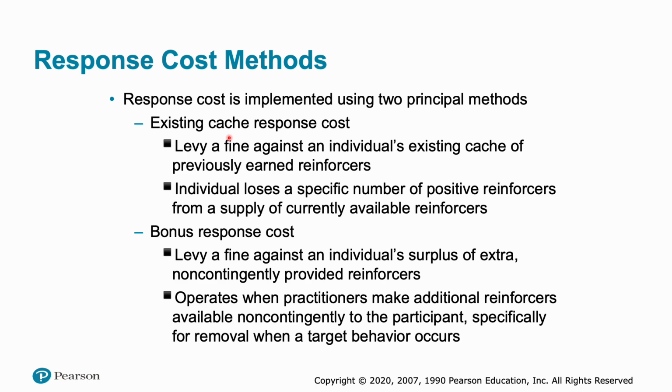So pretend that this person engages in, let's say, I don't want to use task refusal, let's say they engage in aggression. So contingent on engaging in aggression, you remove a token. This token that is lost, they still have the ability to earn back by engaging in appropriate behaviors. Okay, so you're going to be pairing your response cost procedure with positive interventions that allow them to still gain access to reinforcers.